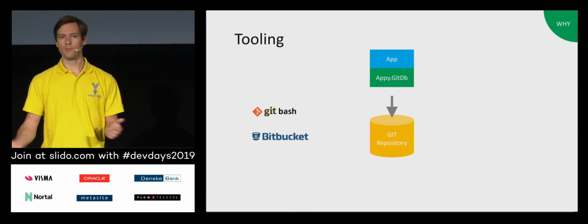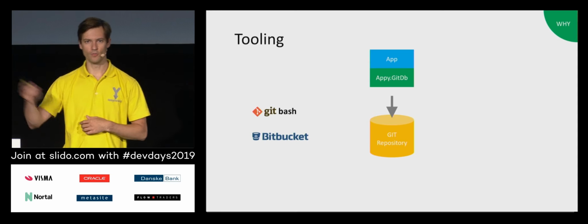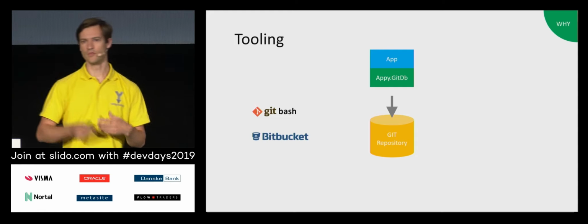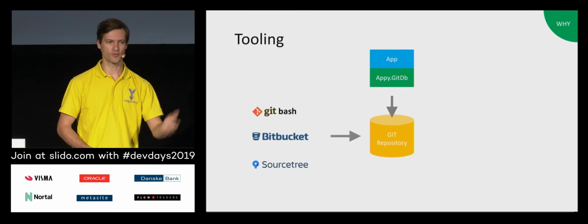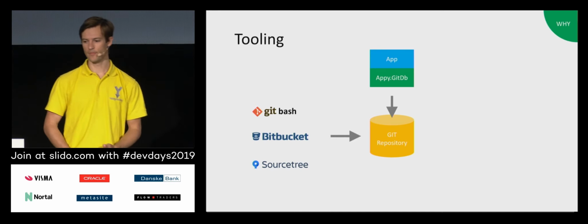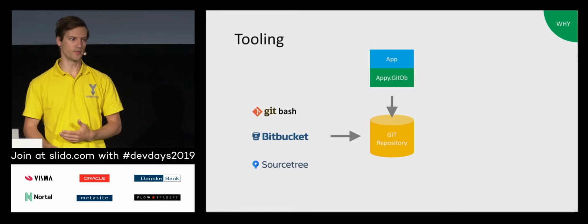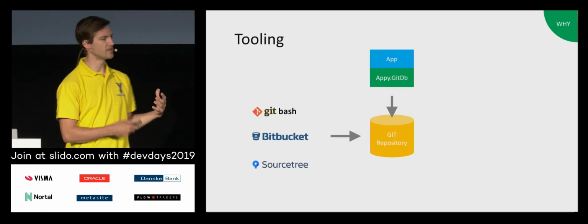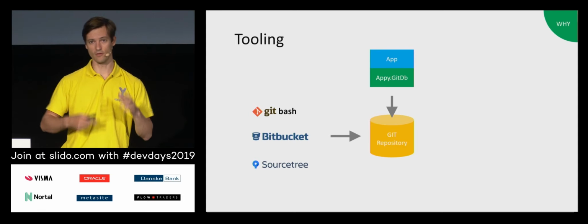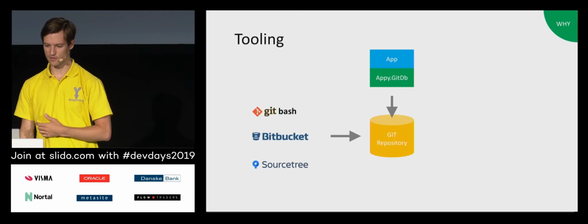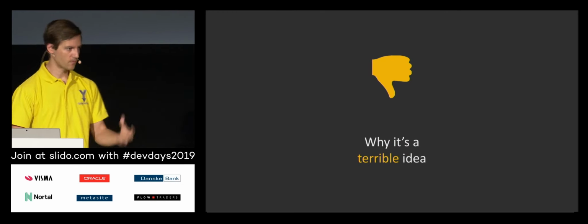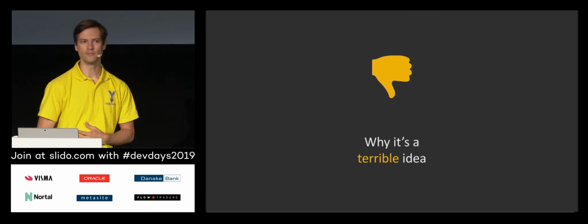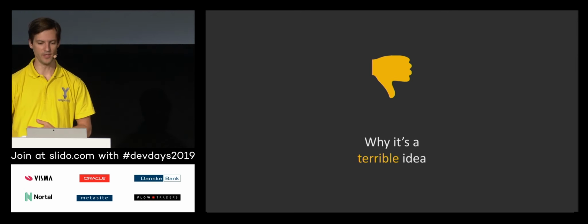You can point a Bitbucket server to it, do pull requests, do diffs between branches, or use SourceTree to check on it locally. And that all works with your Git repository. So the tooling is there and you can reuse it. You don't have to write all of those interface tools. Those are all reasons why it's a good idea to use Git as a DB.